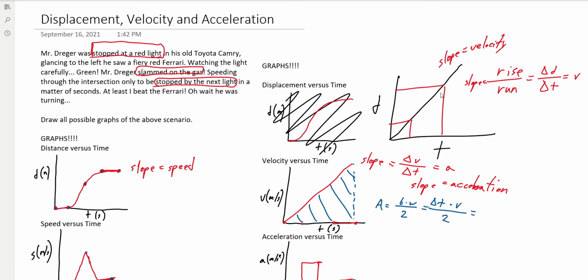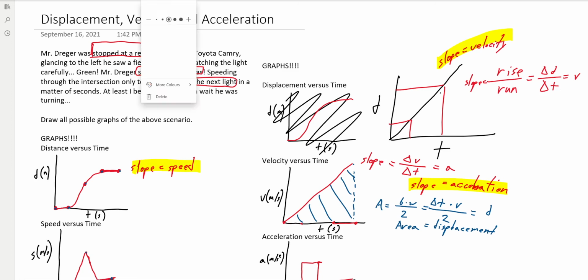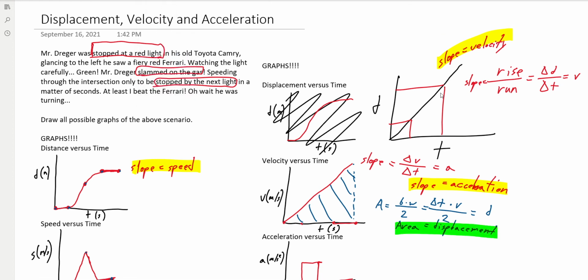And this is actually our displacement. So the area equals displacement. So there are a few really cool ones here. Slope is velocity, slope is acceleration, slope is speed, and importantly, area is displacement.